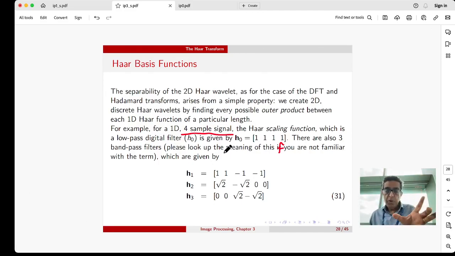So if you've got a 4-sample signal and it's just a one-dimensional signal, not 2D, then the functions that you need to construct a Haar transform will be this first one, H naught. I'll stack it here so you can see it alongside the others.